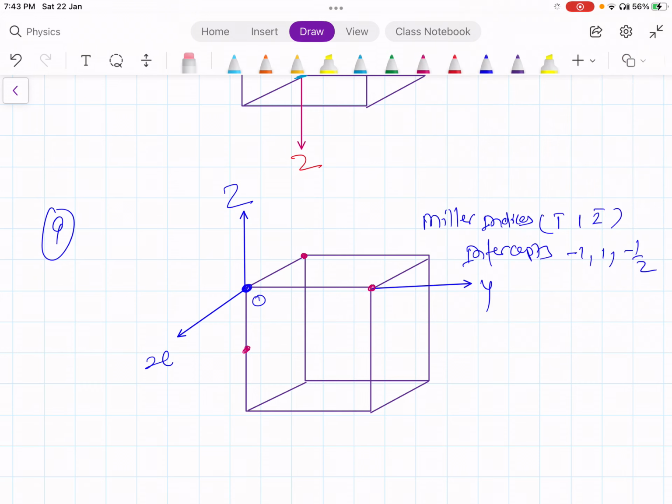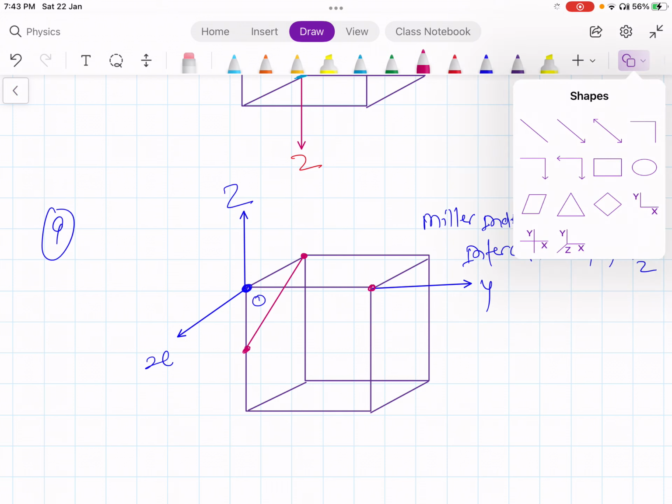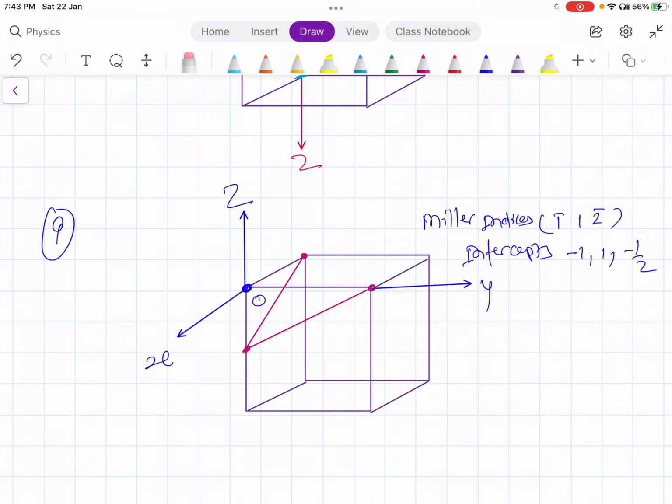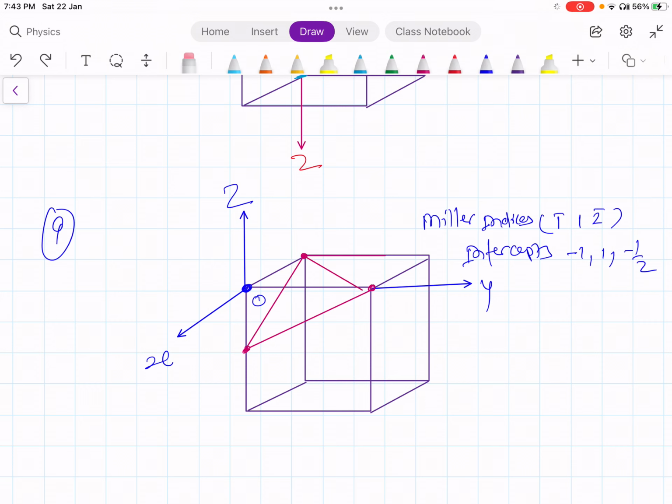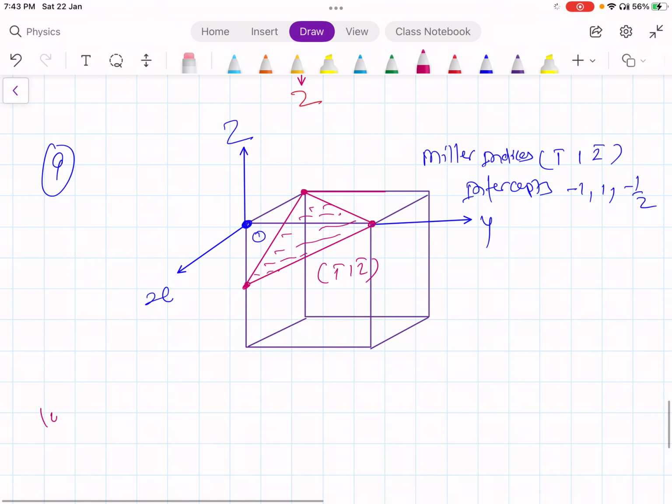Join them. So this is the plane bar 1, 1, 2 bar. 10th plane.